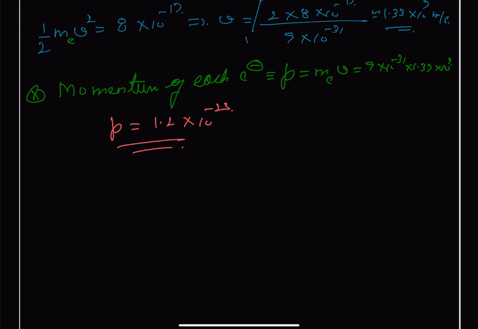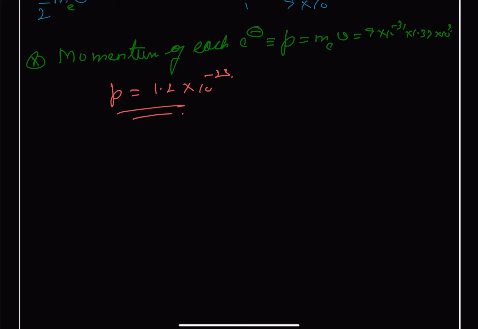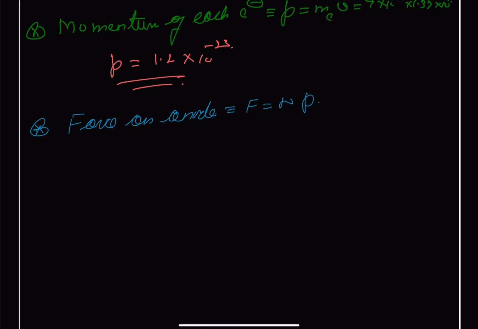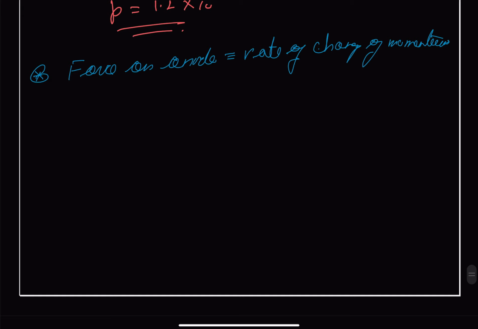And now we come to the force part. We already know the momentum, therefore we can say that the force on the anode is the rate of change of momentum, or we can also write it as the number of electrons per second multiplied by the momentum per electron.